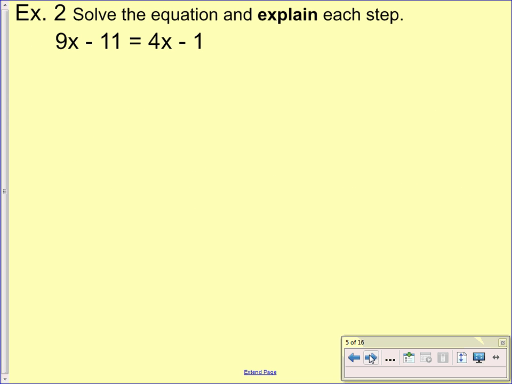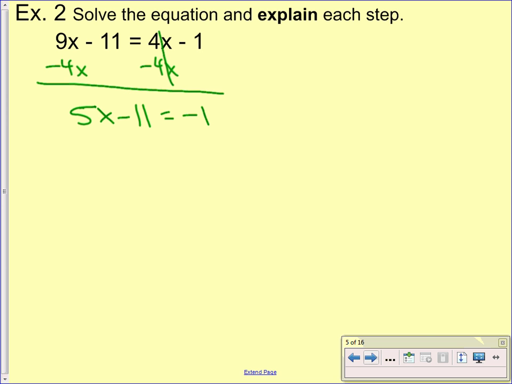Example 2, solve and explain each step. There are no fractions to clear, so I need to get the variables on one side and the numbers on the other. I'm going to subtract 4x from both sides. So I get 5x, carry the negative 11 down, equals negative 1. Don't forget to carry down the minus sign as a negative on the 1.